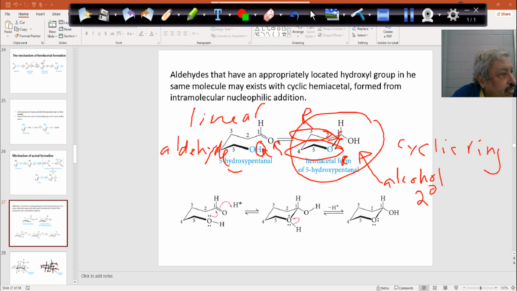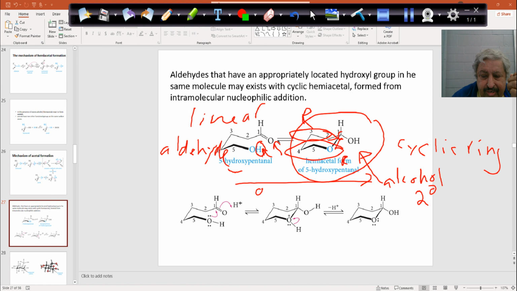Not every molecule will do it, but some molecules tend to have a sort of resonance inside, and they can rearrange themselves from a linear structure to a cyclic structure, correct? So this is from aldehyde to alcohol.